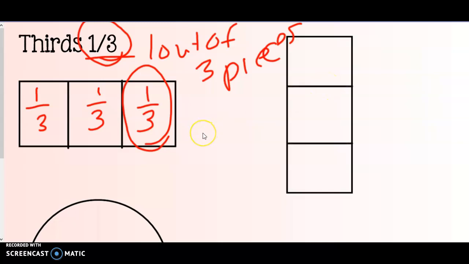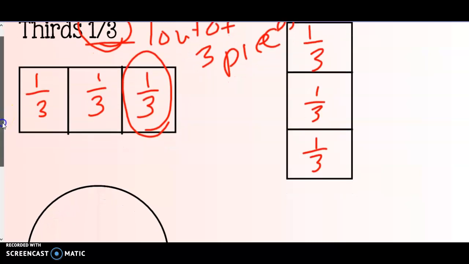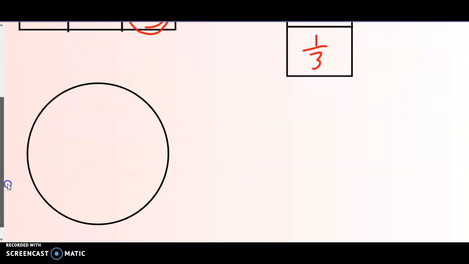Here's another example of how you can split a rectangle into 3 equal pieces. These all are 1/3. 1 out of 3 pieces. Okay, so there's 2 ways that you can split a rectangle, but a circle is unique.